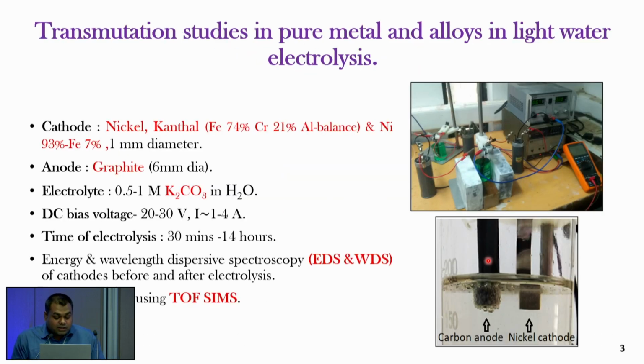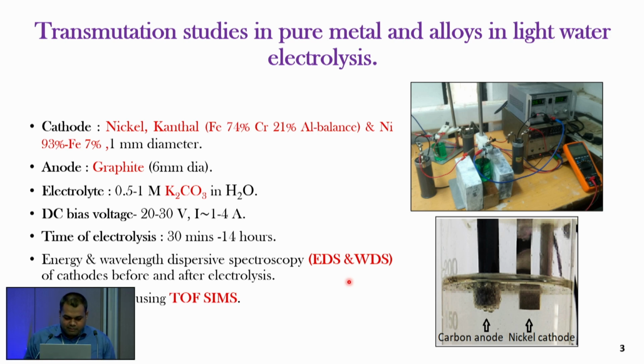In order to check the transmutations, we use multiple material characterization techniques. We do EDS, energy and wavelength dispersive spectroscopy, and we also do some isotopic studies using time of flight secondary ion mass spectrometry.